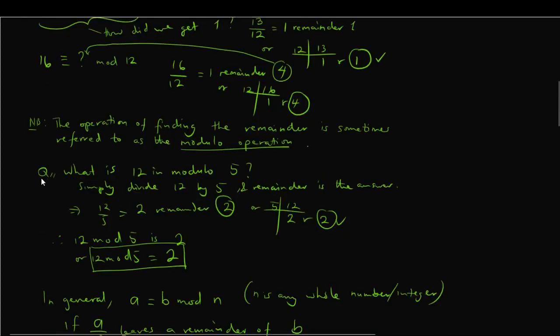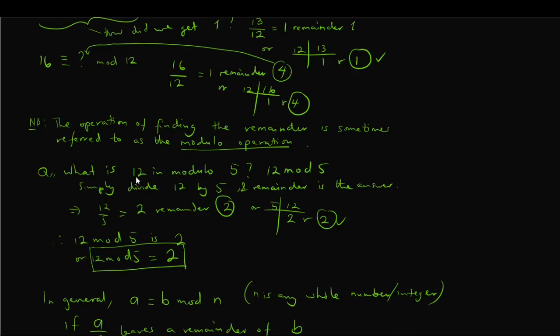Now, let's see some examples. Consider this question. What is 12 in modulo 5? Sometimes this question is written as 12 mod 5. We understand that as find 12 in modulo 5. Now, how do we do it? We simply divide the number by the modulus, and the remainder is the answer.